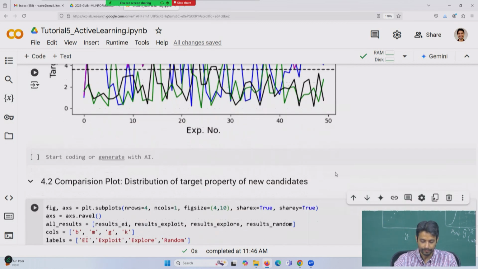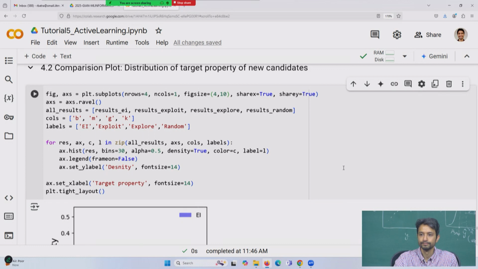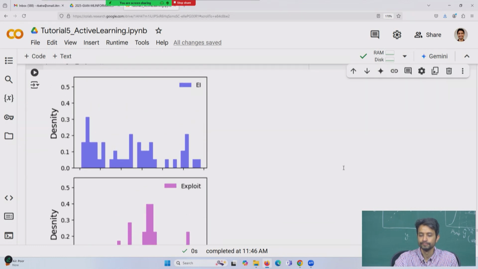We are going to combine all of this. Like we are selecting a batch, each candidate we can take one best from each of the methods. Then is it going to improve the efficiency? That is more for comparative performance.